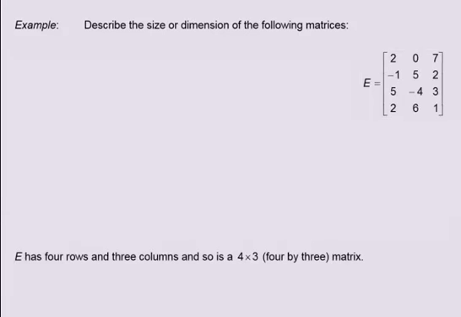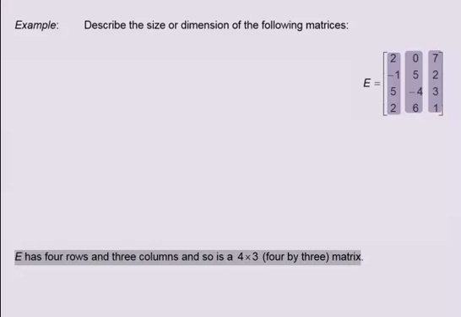E equals 2, 0, 7, minus 1, 5, 2, 5, minus 4, 3, 2, 6, 1. E has 4 rows and 3 columns, and so is a 4 by 3 matrix.